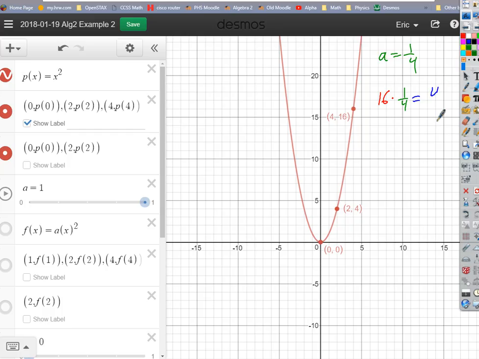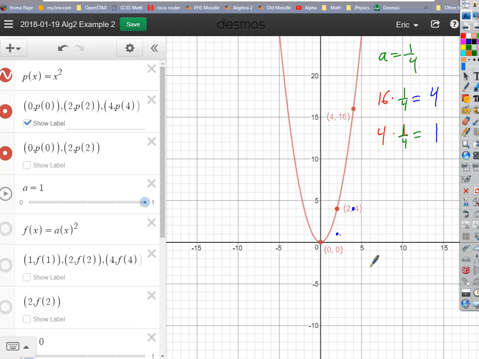And so this point is going to get moved down to a point with a height of 4, right there. What about this one? If I multiply the y value of 4 times 1/4, what do I get? 1. So that point's going to move down to there. Everybody see that?